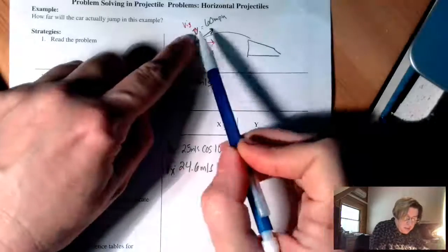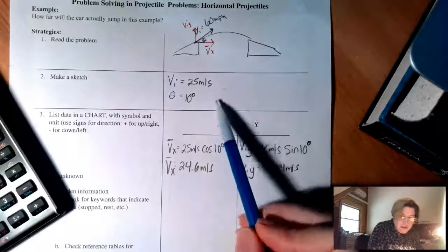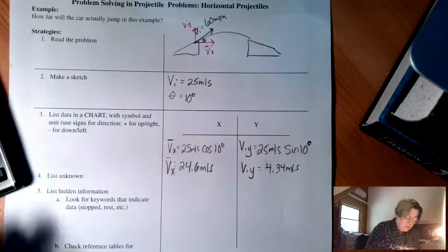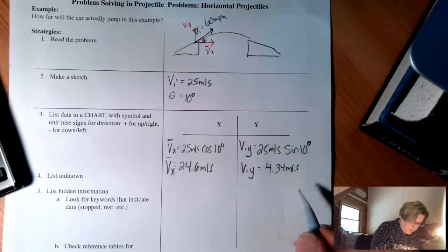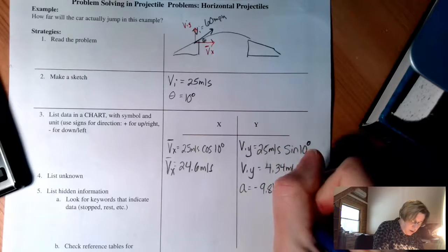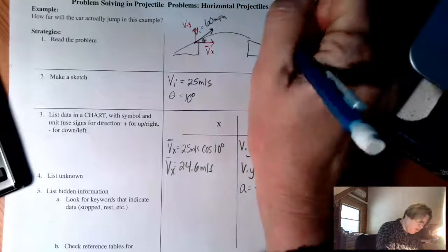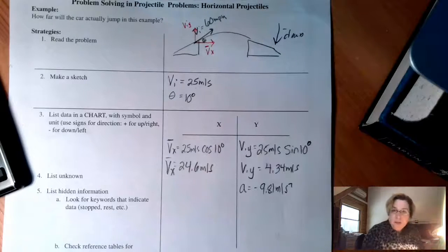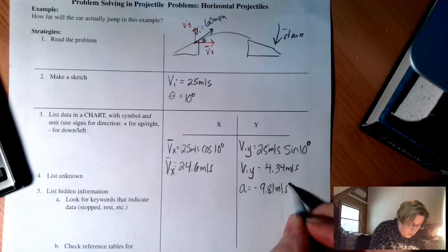Now, what else do we know? Everything else is hidden. We know that acceleration due to gravity near the Earth is negative 9.81, and I'm going to make down my negative direction. And then we know one other piece of hidden information, which is that at the top, the VFY equals 0.